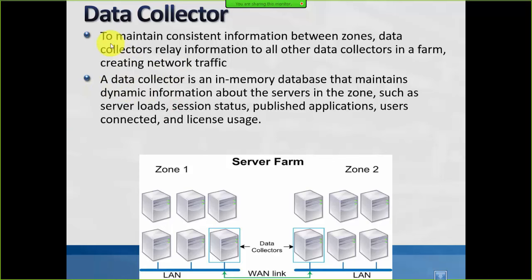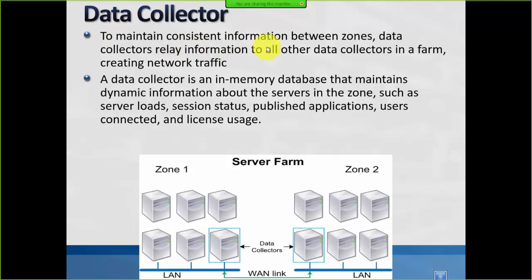Okay, so the data collector. This is if there's a Citrix server farm here. There are zones, which are separate, physically separate areas: Zone 1, Zone 2, with some Citrix servers here and there. So the data collectors would be the first Citrix servers that were introduced in the farm.